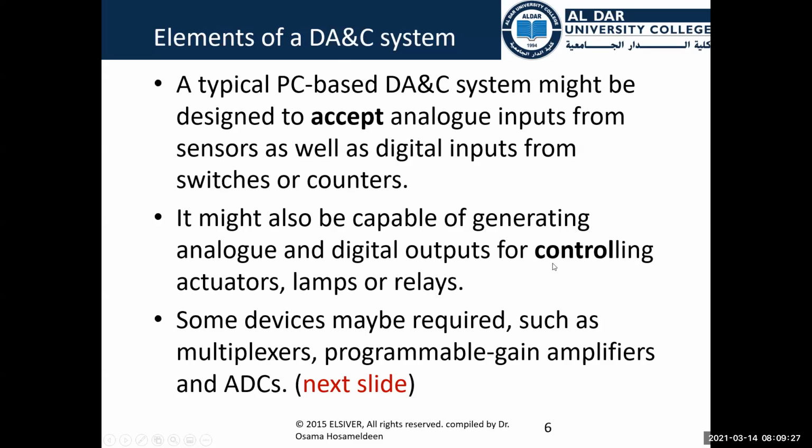This is like controlling, I mean sending signals to the actuators or lamps or relays. Some devices we may need are multiplexers, programmable gain amplifiers, and analog to digital converters.